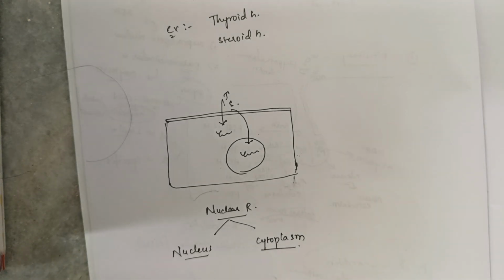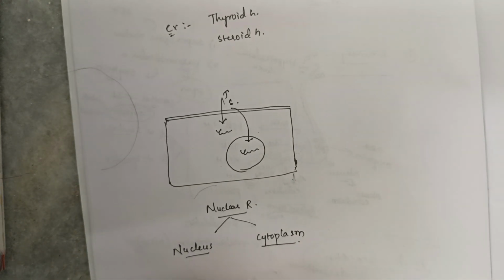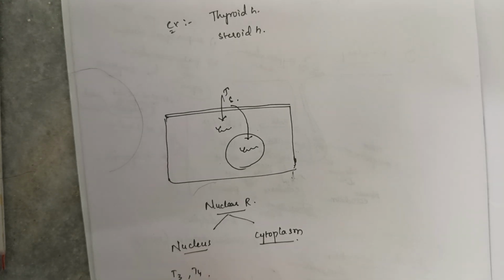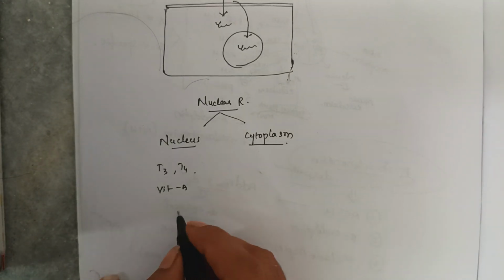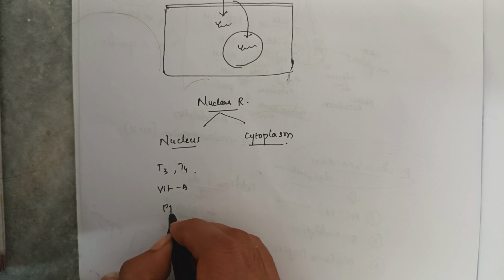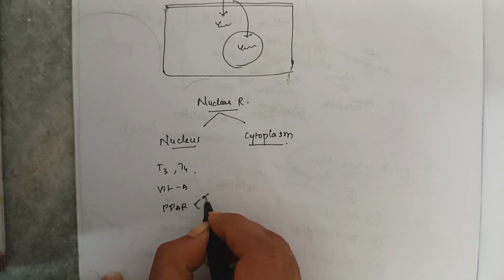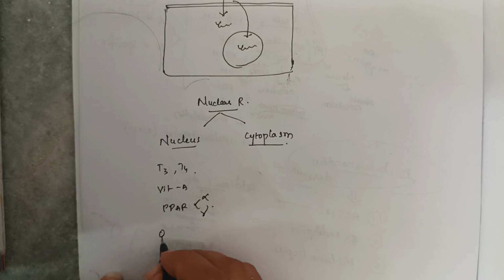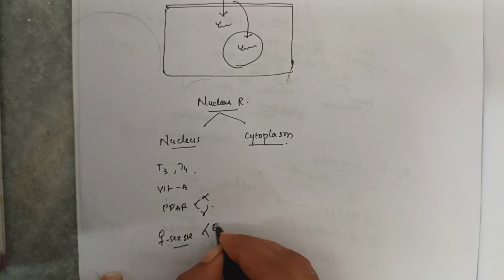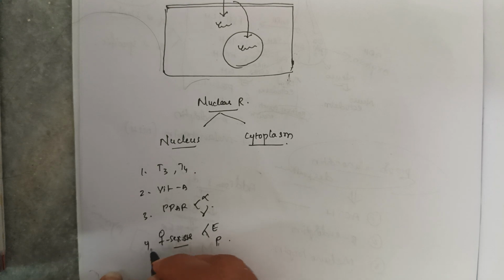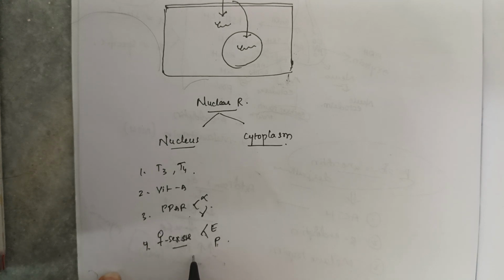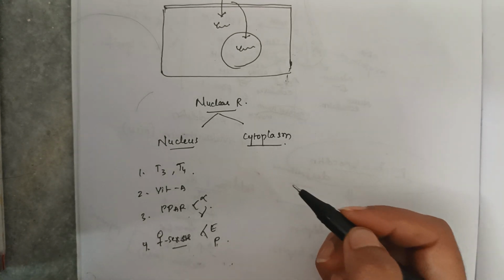Which hormones act on the nucleus? T3, T4, vitamin A, PPAR alpha and gamma, and female sex steroids like estrogen and progesterone.